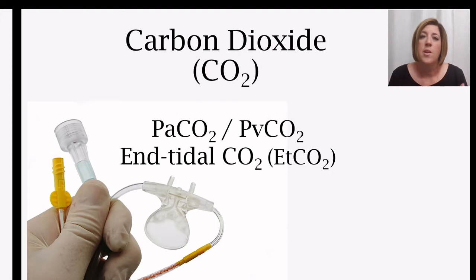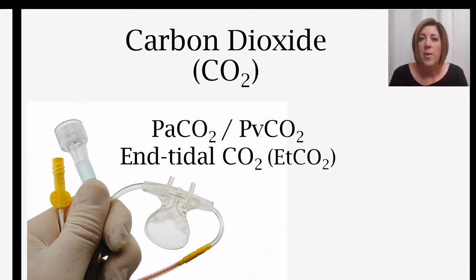Whereas if we're breathing off too much, say we're hyperventilating, our carbon dioxide level will be low. So we can check CO2 in the blood with a partial pressure, like PaCO2. That would be if it was in an artery, and V if it's in a vein. But we can also do that non-invasively with an end-tidal CO2 monitor. So this is an example of one on a nasal cannula that would be hooked to a monitor that could tell you the CO2 level.